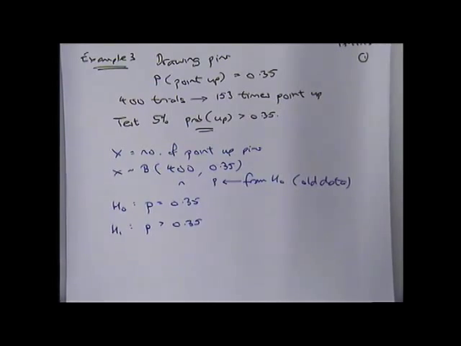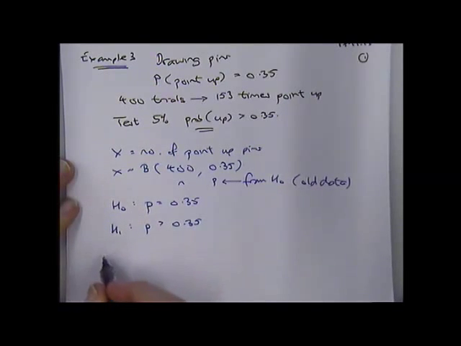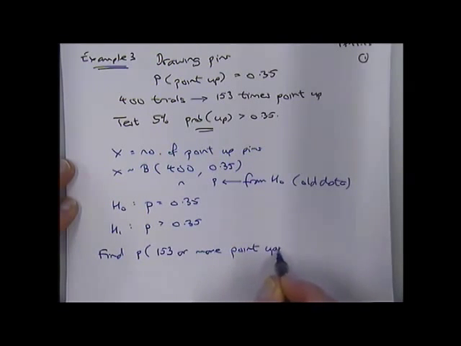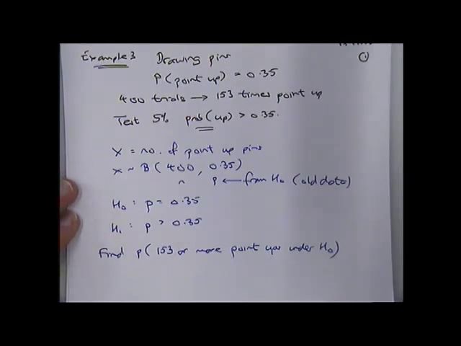Then the methodology we were using from last lesson was we were trying to find what's the probability of getting what we saw, or even more extreme of that. So what we have to do is find the probability of 153 or more points under the conditions of H0.